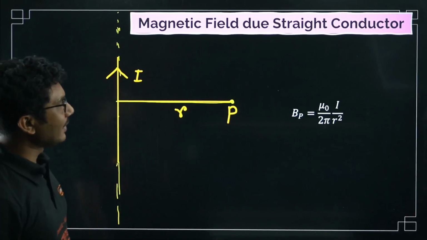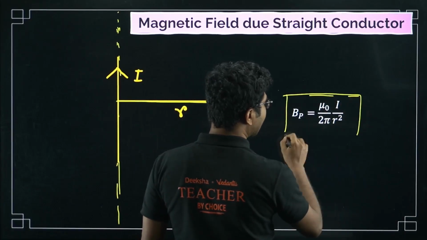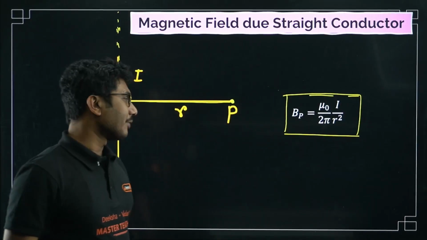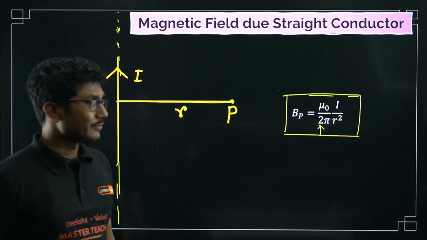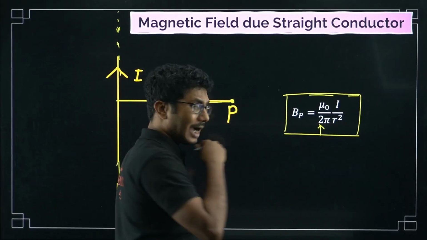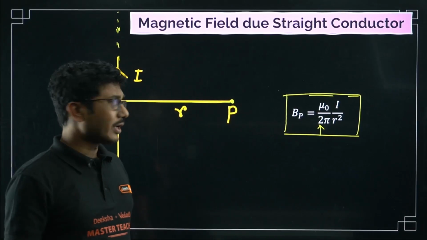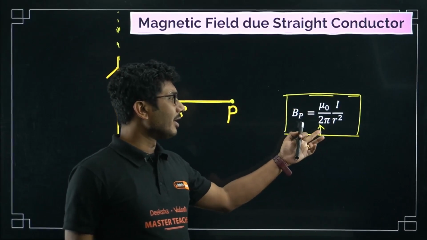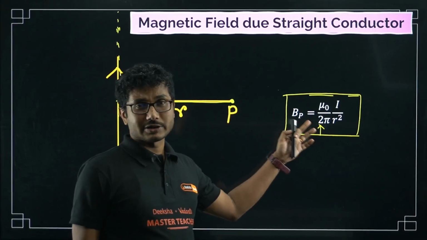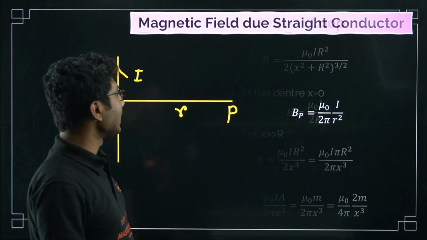Then the magnetic field is given by mu naught I by 2 pi r. Be very careful in this case: it is 2 pi, not 4 pi. That is why you have to remember this formula, similar to that of the charge, q by r square. Only thing is, instead of having 4 pi in the constant, it is 2 pi. That's where you have to be a little careful.